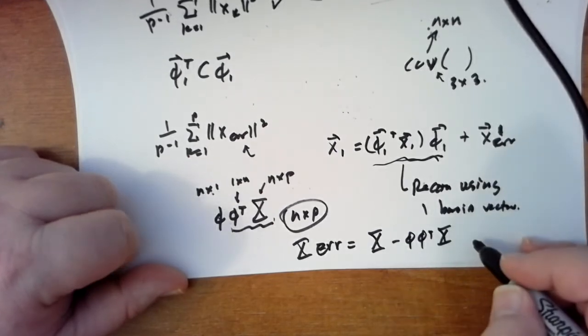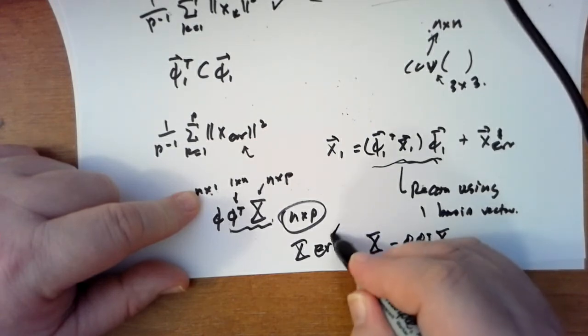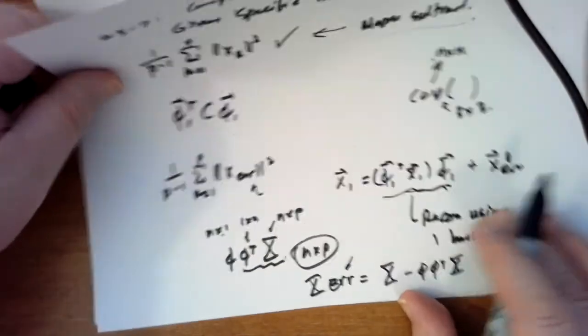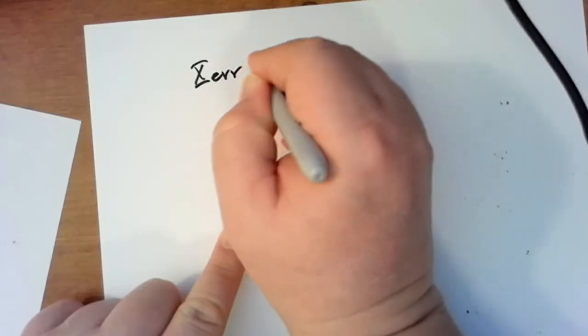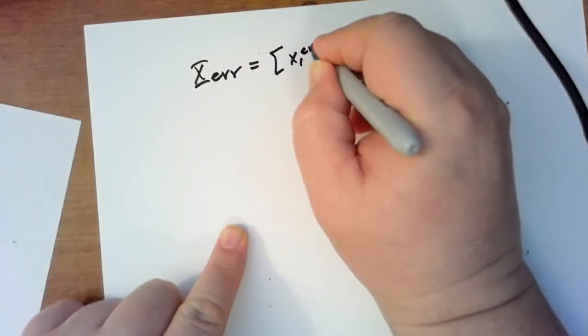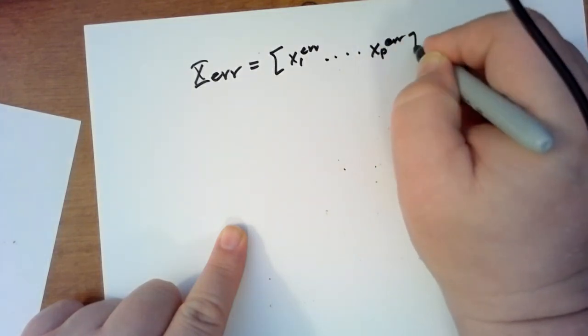Good. And so what is this? This is a matrix, right? I'm running out of space. X error is going to have your columns, x1 error, and so on.